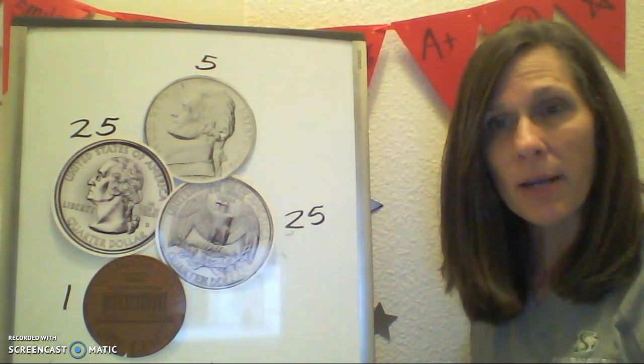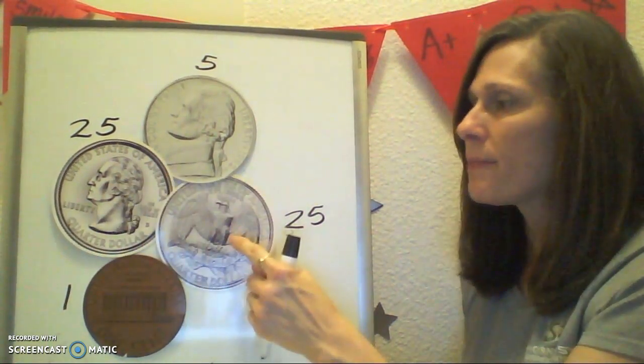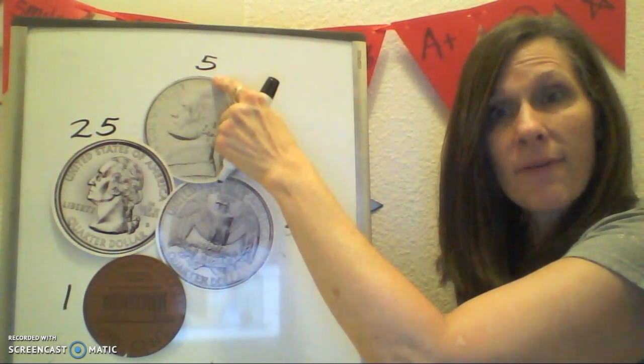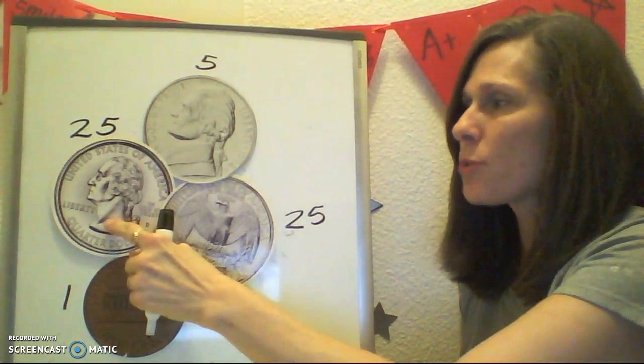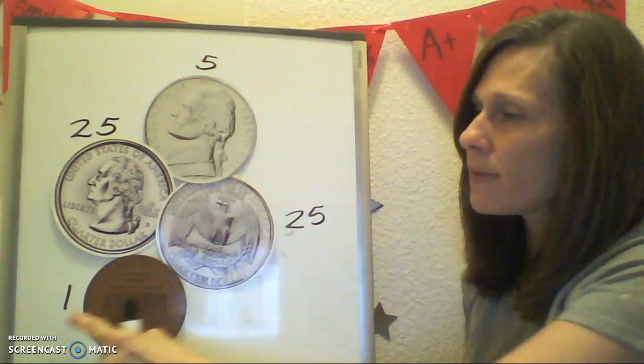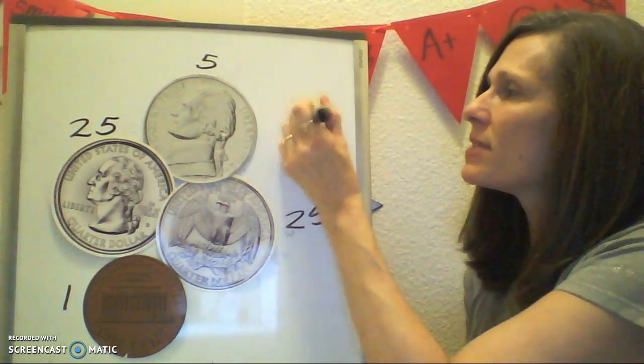So I'm going to start with my quarters. 25, 50. Now I go to my next highest, a nickel, right? So I say 25, 50, 50 plus 5 is 55, 55 plus 1 is 56.